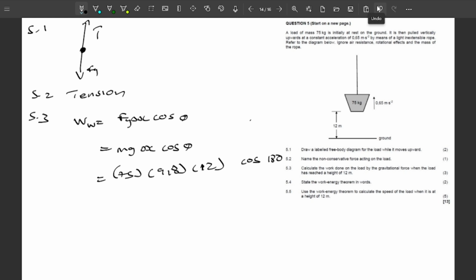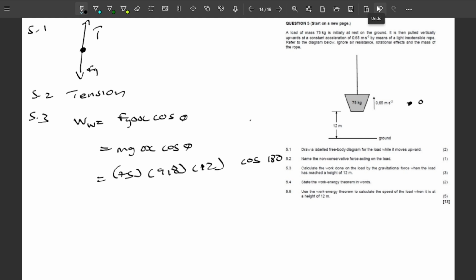Now, for someone who doesn't understand these references of 180 degrees and 0 degrees, please do this. Take this dot as the origin, right? Now, up is the motion that we want. Now, if we want to go up, what will be preventing it? Fg, right? So Fg is the frictional force in some sort of sense.